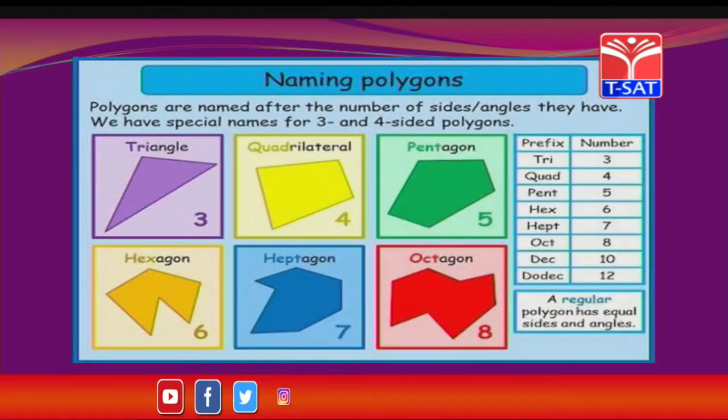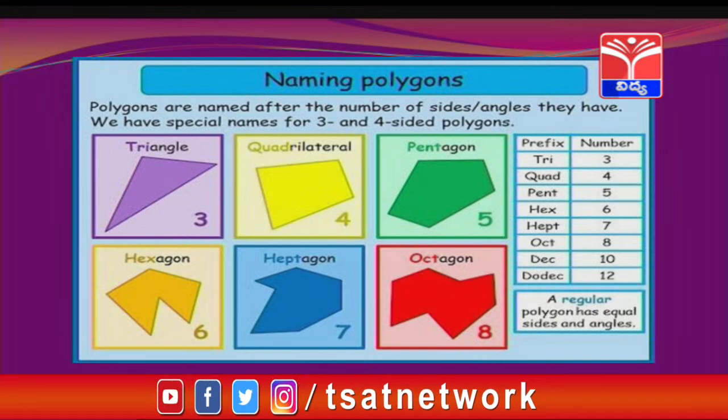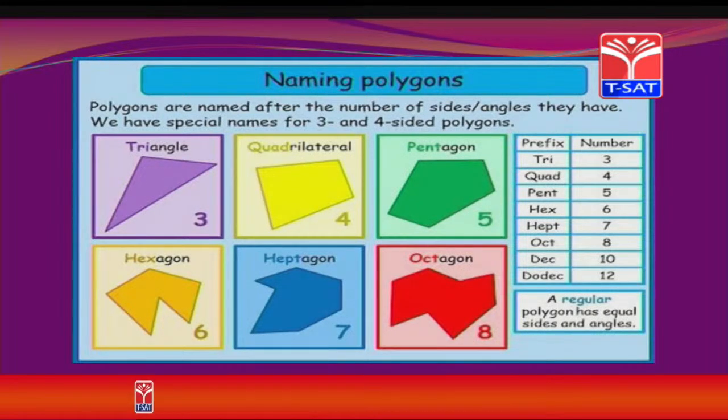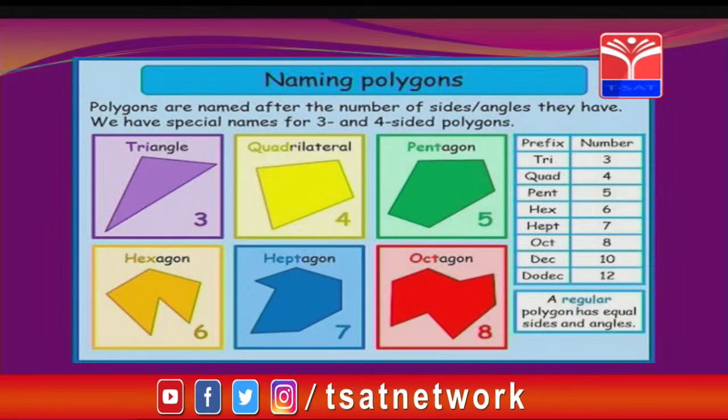Naming of polygons: polygons are named after the number of sides or angles they have. We have special names for the 3 and 4 sided polygons. If a polygon has 3 sides, it is a triangle; then quadrilateral, pentagon, hexagon, octagon.